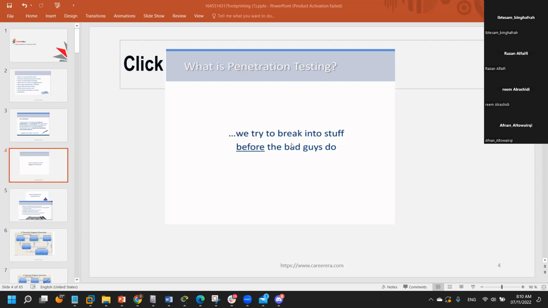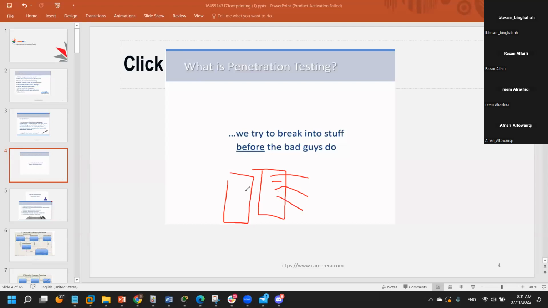So if you look at when we should implement penetration testing, and this is what we do in reality: penetration testing is done before you authorize the system, before you take the system online and expose it to the world. When you have maybe a web server or a mail server, before you take it to the outside world, you should have done vulnerability scanning, the thing we have talked about before, and you should have done penetration testing.